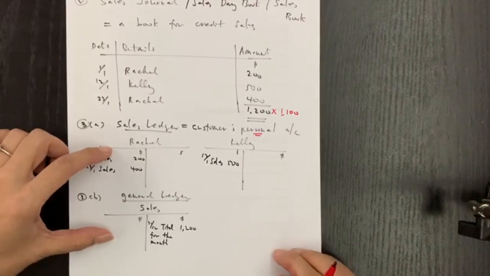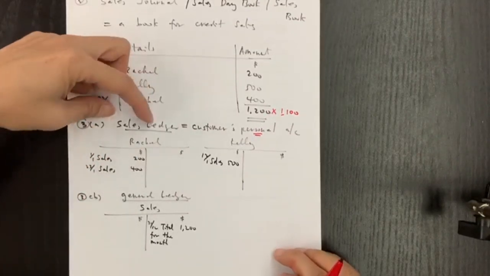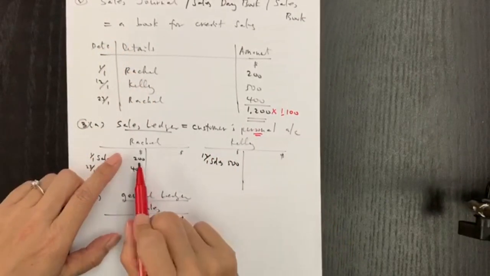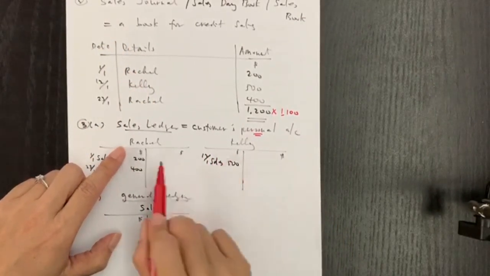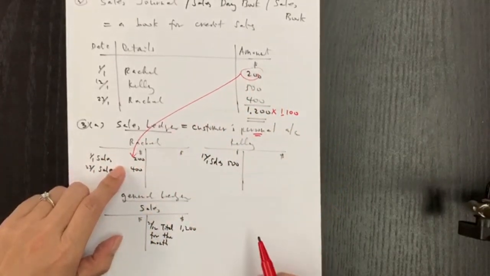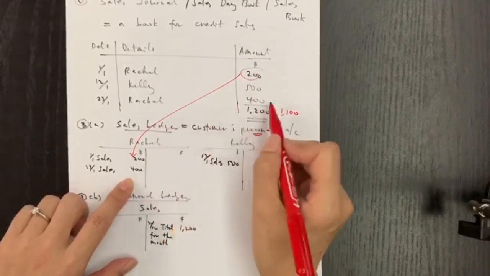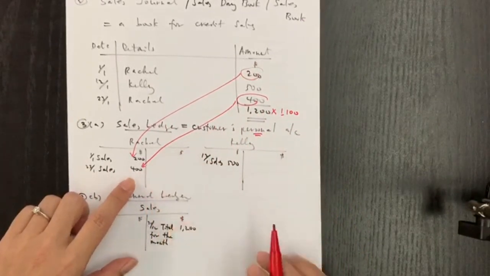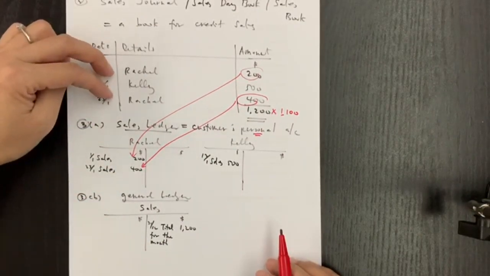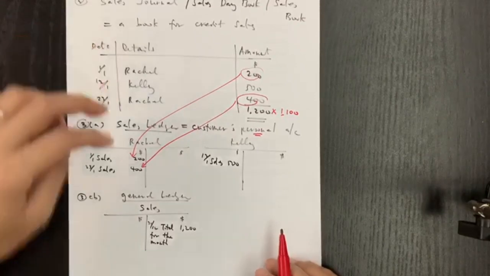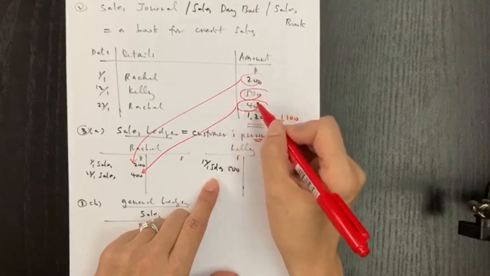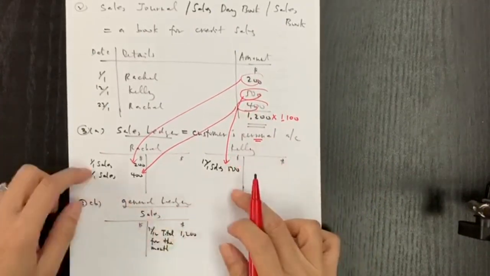Now we come to the double entry. 3A, we have sales ledger, and sales ledger means customer's personal account, so that we draw up a different T for each customer. So we have Rachel, therefore I copy this 200 here, Rachel, right? And then I have Rachel again here, Rachel, 400. All right, so this is how we do double entry after we have made transactions, from the information in the day book. And then I have another account for Kelly. So Kelly is 500, so that I have this in Kelly's account.